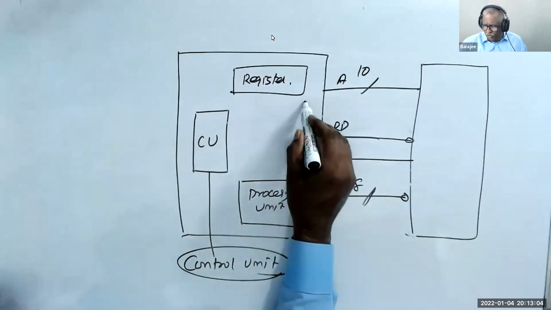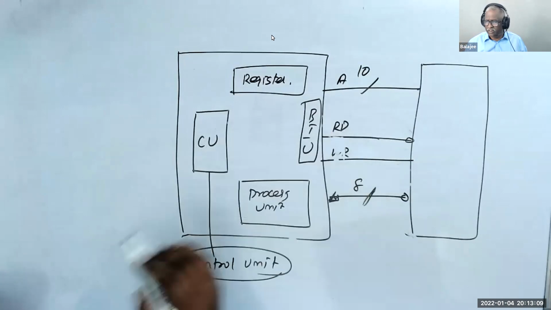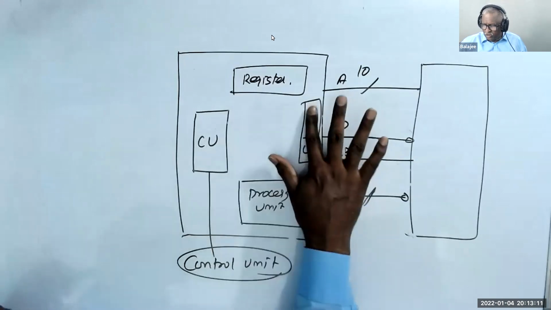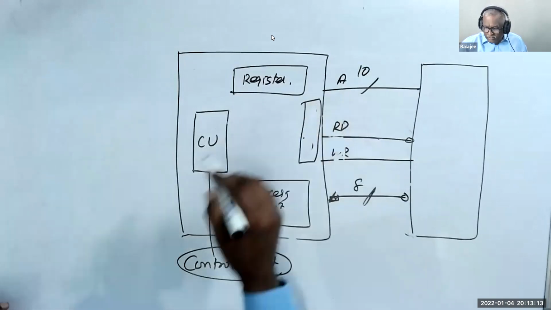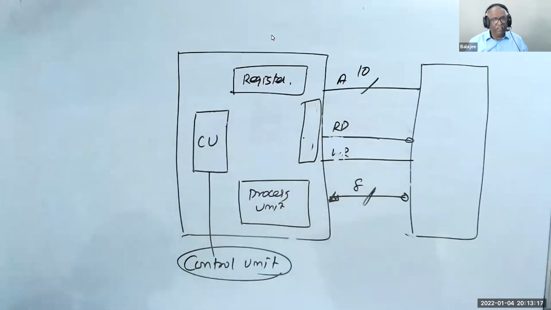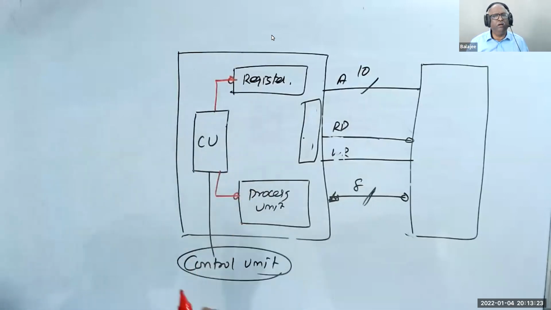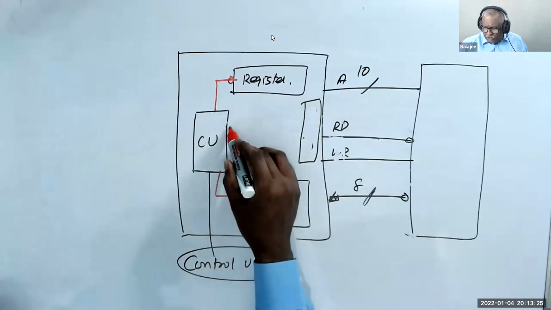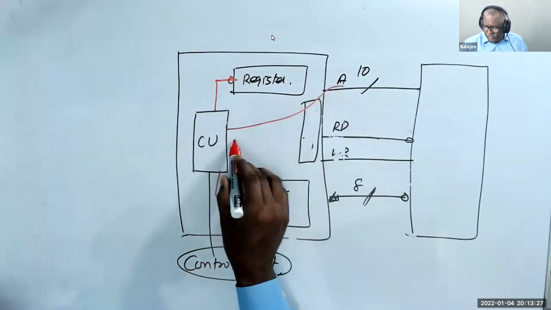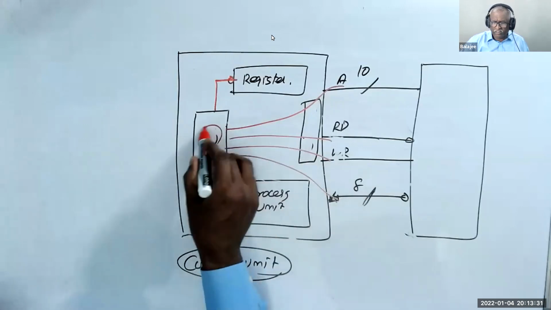Here there's another unit called the bus interface unit. Forget about this, it's not required right now. Please hear, the control unit controls your registers and the bus, and what has to go on the address wires, the read signal, the write signal, and the data. Everything is controlled by the control unit.